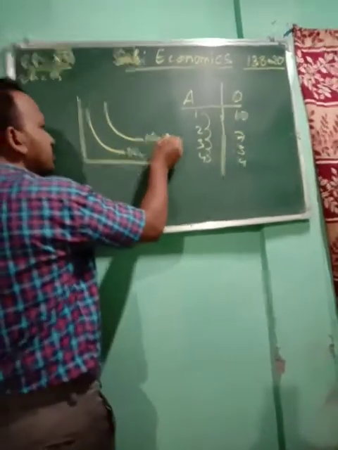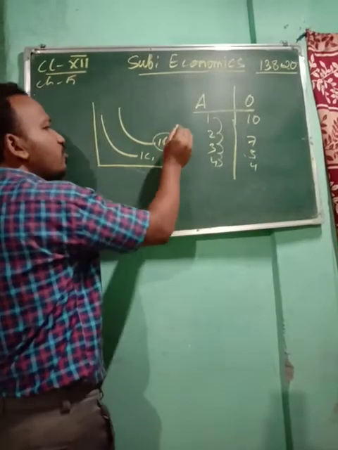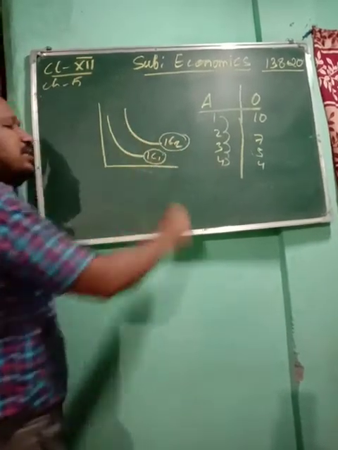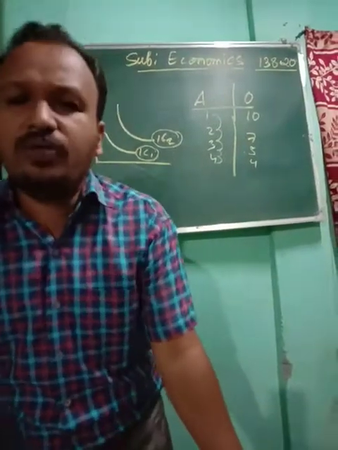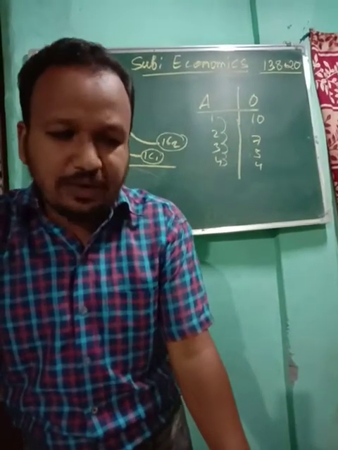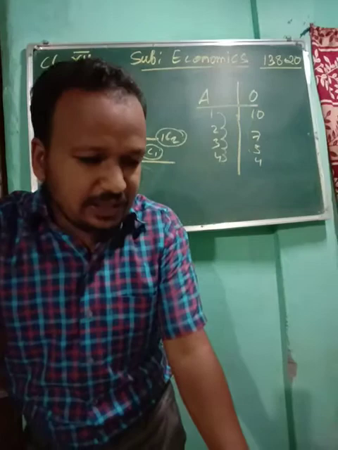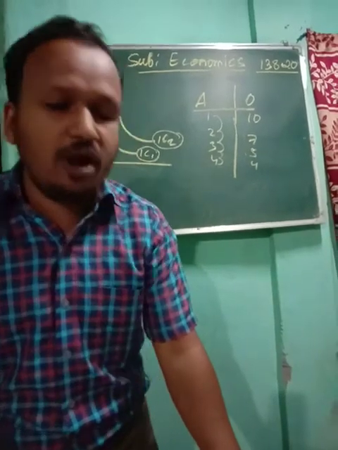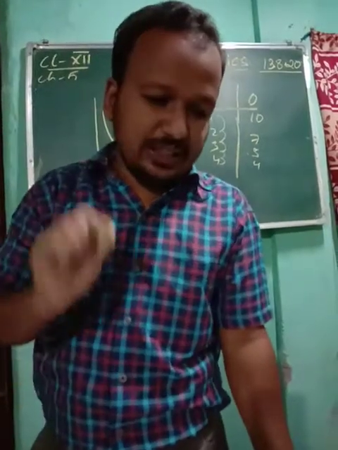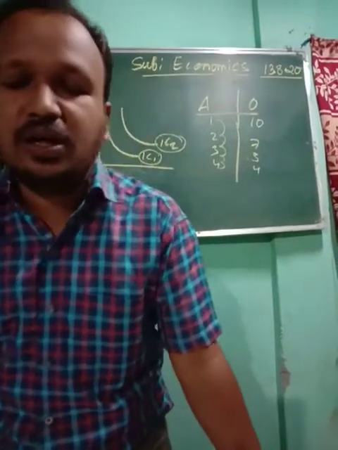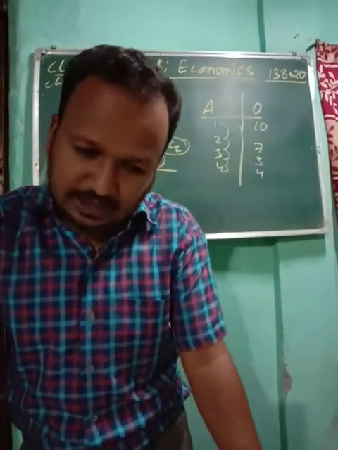That means IC2 will give you more satisfaction as compared to IC1. A higher indifference curve always represents a higher level of satisfaction. This is the reason why a higher indifference curve yields a higher level of satisfaction.